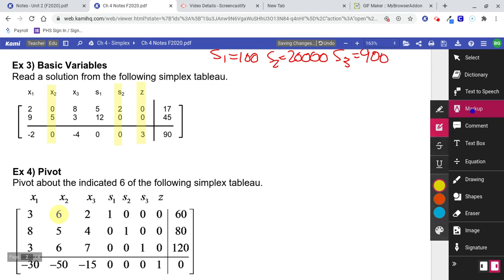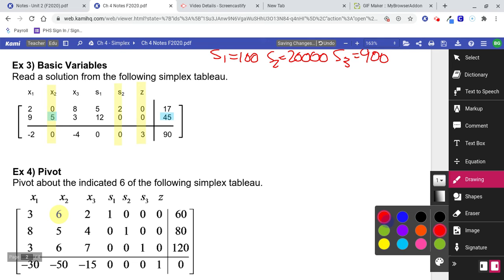If you look at x2, your eye must be drawn to the 5. And that 5 draws your eye to the 45, okay? And so x2 has a value. There's x1, x2, x3. x2 has a value of 45 divided by 5, which is 9.